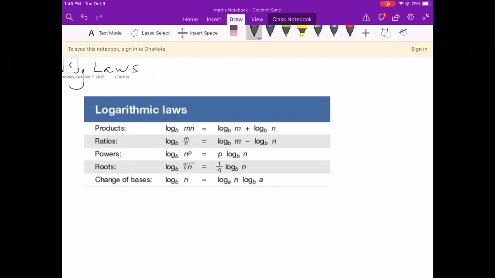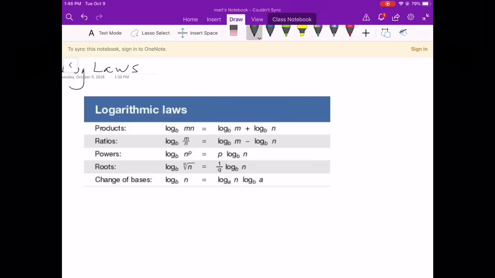And then a change of base, so moving from base b to something else. If you just take a look here, log base b of n is log base a of n times log base b of a. So this is a way for me to change bases while still keeping the same value.